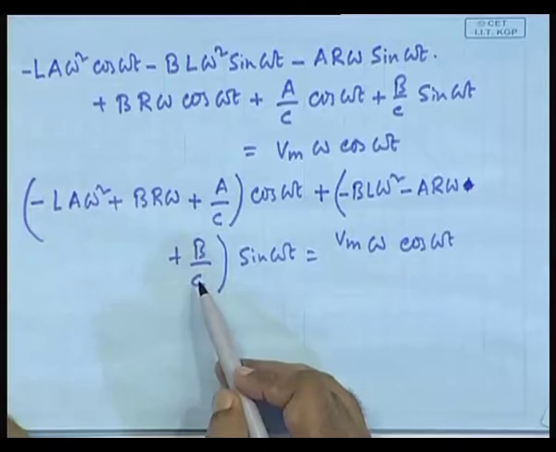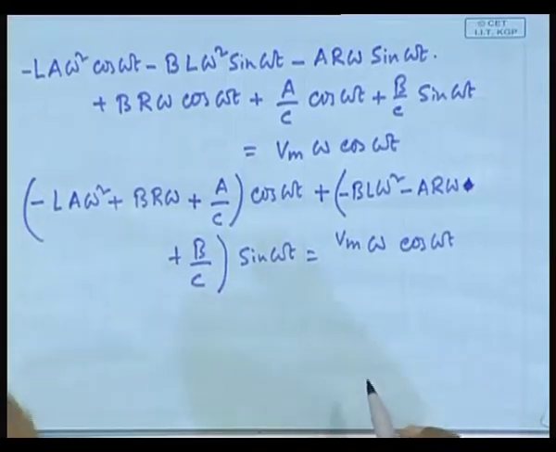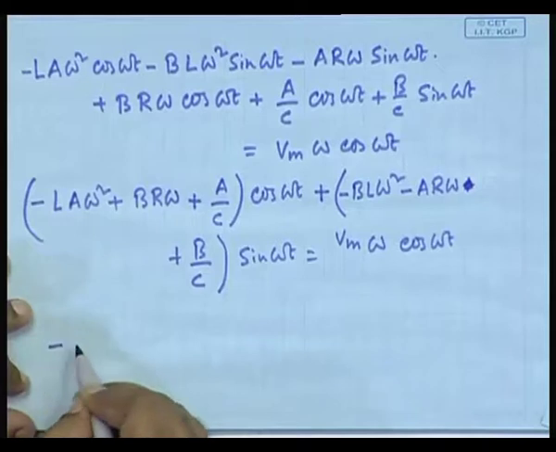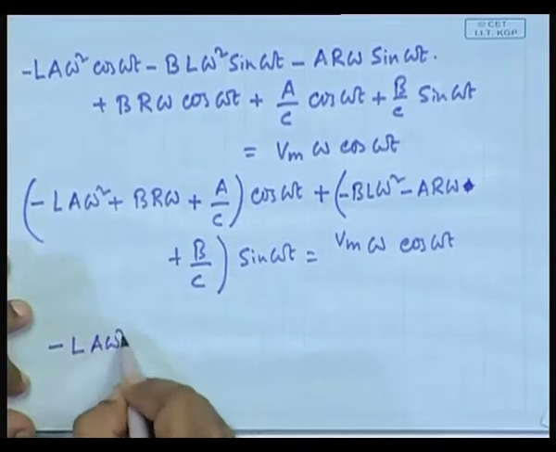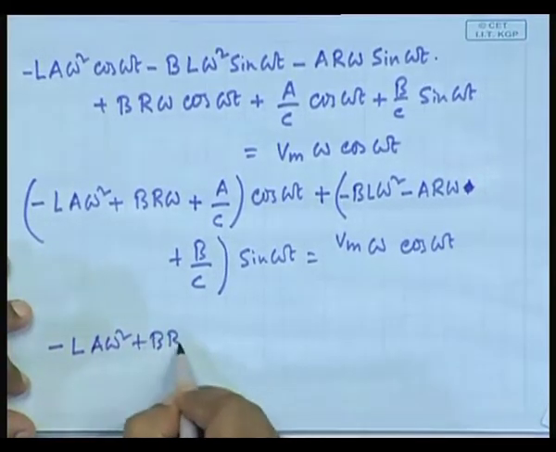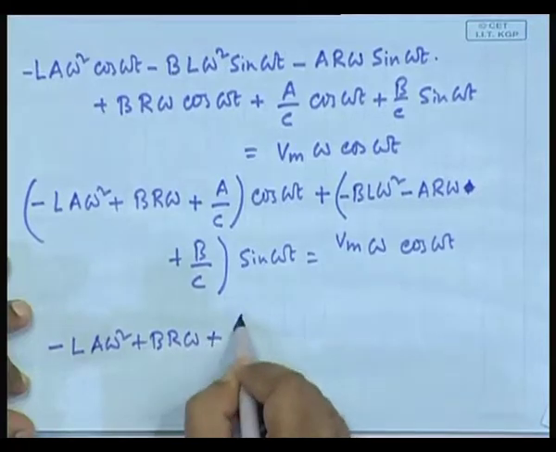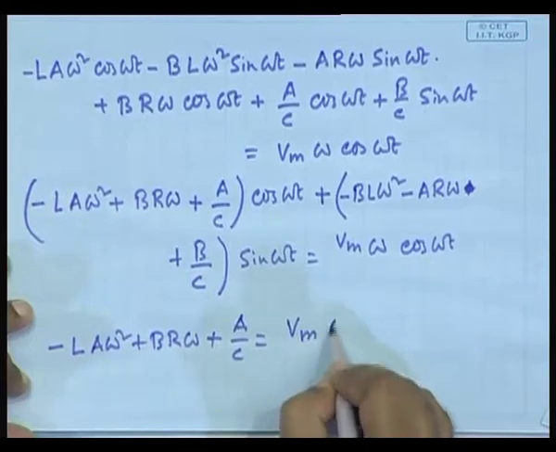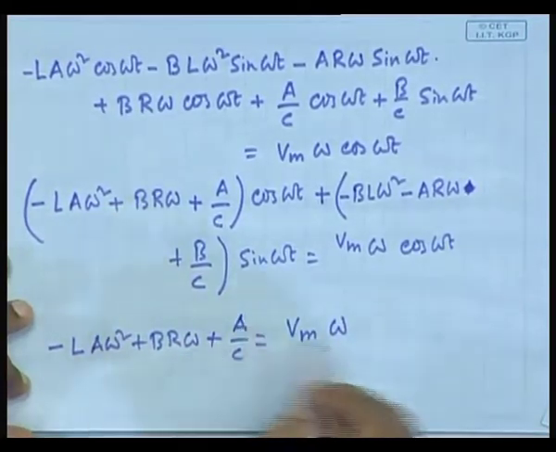Fine. So, write this and then obtain A and B from there. Two equations, two unknowns, you can do it. Minus L A omega square plus B R omega plus A by C is equal to V m omega. That is one equation.